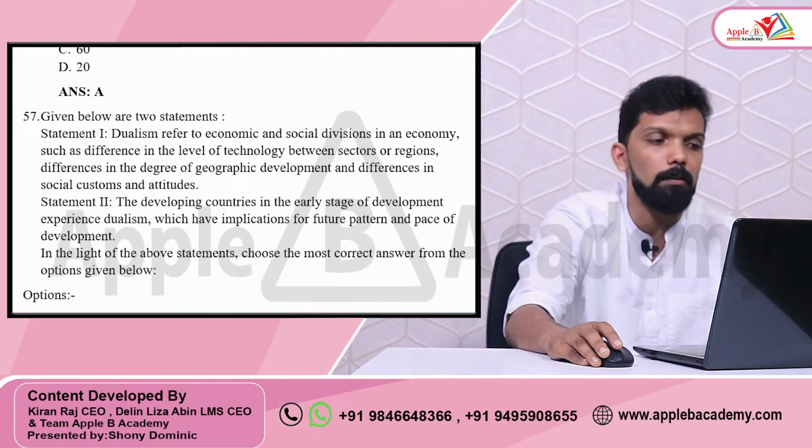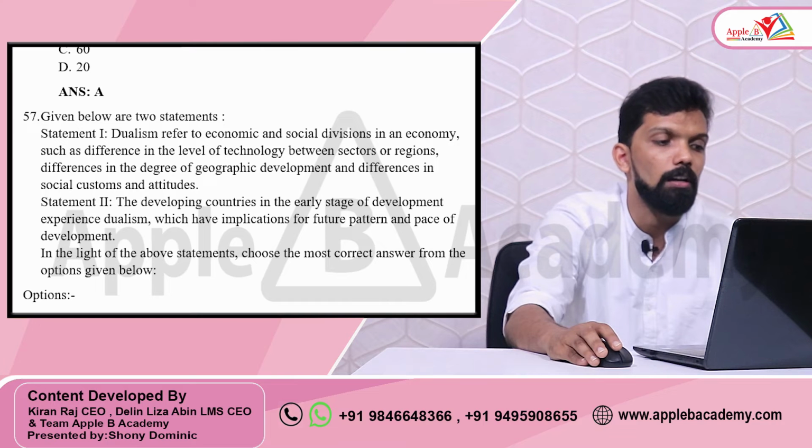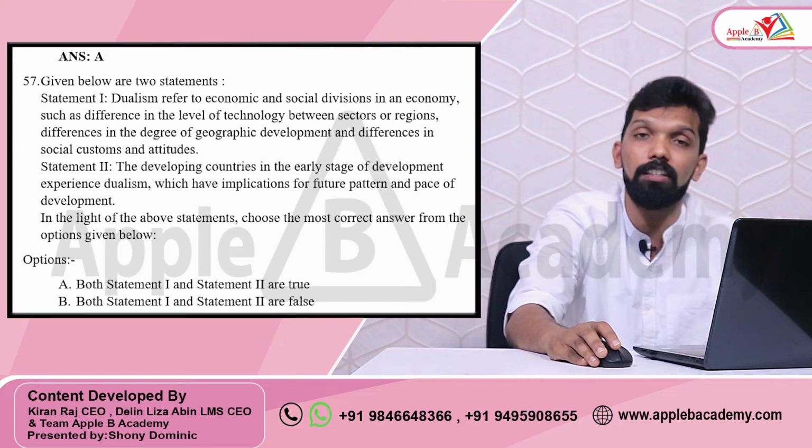Given below are two statements. Statement 1, dualism refers to the economic and social division in the economy, such as difference in the level of technology between sectors or region, difference in the degree of geographic development and difference in the social customs and attitude. Statement 2, the developing countries in the early stages of development experience dualism, which have implication for further pattern and pace of development.